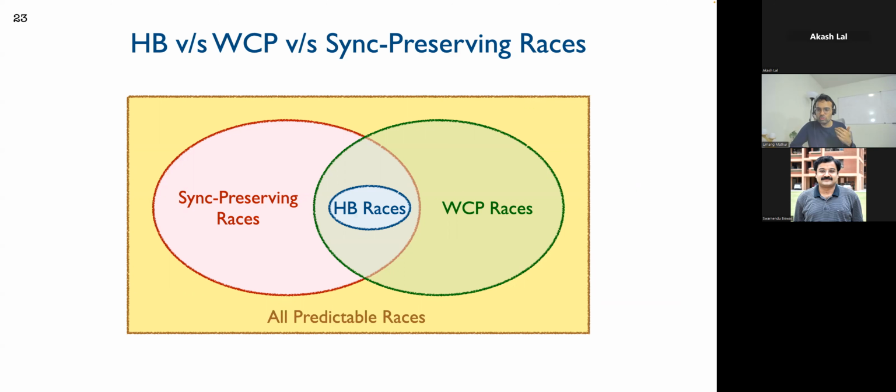And it's also sound in a stronger sense, in that you can report multiple races using sync preserving, and all of them are guaranteed to be sound. To get a similar guarantee from WCP, you have to add more edges if you want to go beyond the first race. So in that sense, in practice, sync preserving was observed to be better. Okay. Thanks.